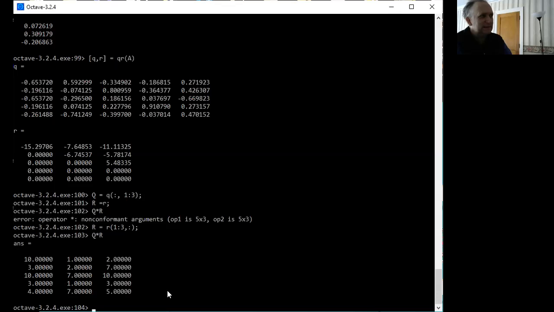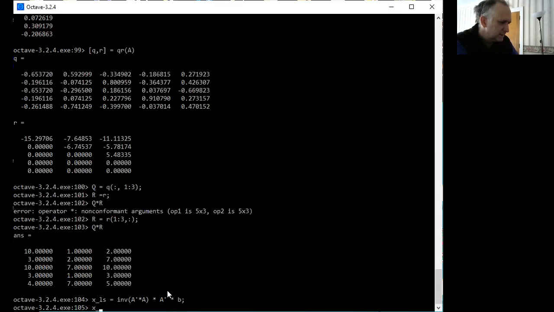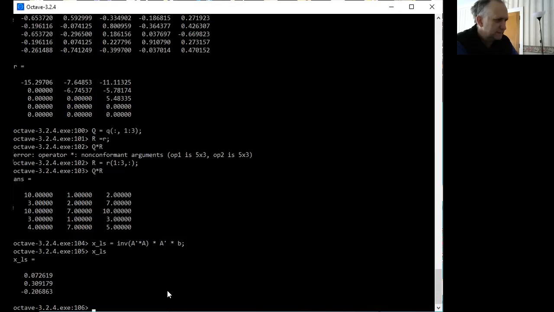So X, let's call it X least squares, just so that we remember, is equal to inverse of A prime times A, times A prime times B, and that's the least square solution. XLS, let's see. Yes, I think that's the same thing MATLAB told us, right?